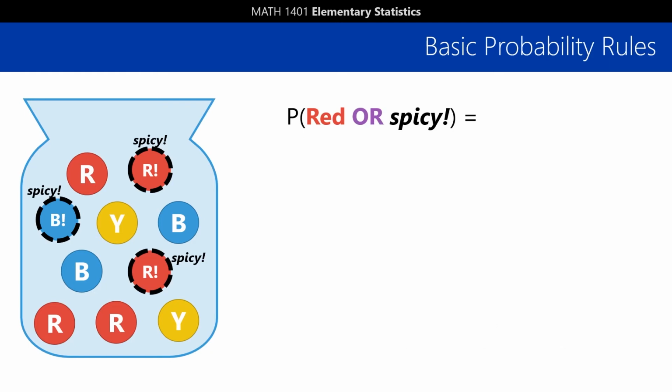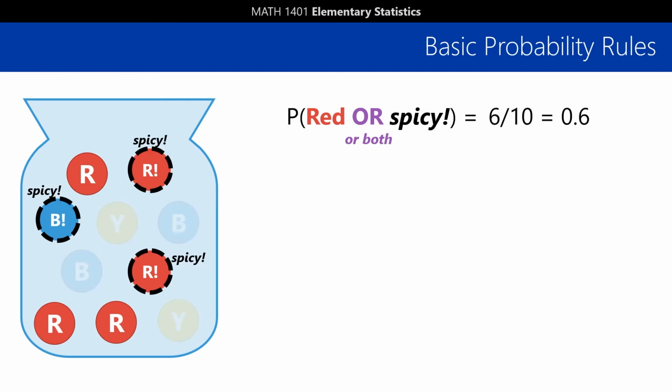Okay, what if we want to know the probability that a gumball is red or spicy? At this point, I should probably make a quick note. Whenever we use the word or in probability, we usually interpret it as meaning one or the other or both. Anyway, take a moment and pause the video to see if you can figure this one out on your own. You should have counted a total of 6 gumballs that are red or spicy or both.